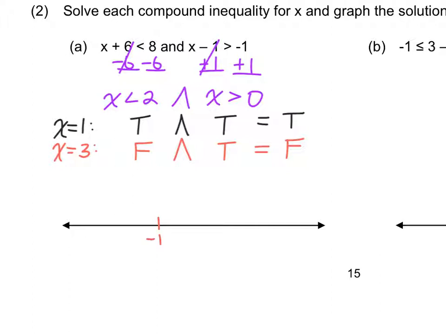Like -1, 0, 1, 2, 3. At x equals 1, I have a true sentence, so I plot a point above the 1. At 3, I have a false sentence, so I'm not plotting anything there.